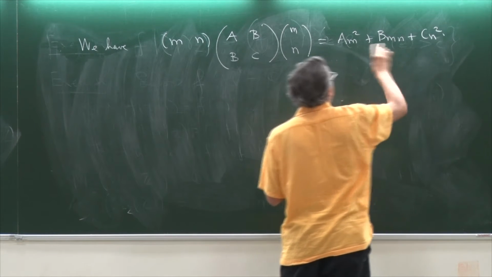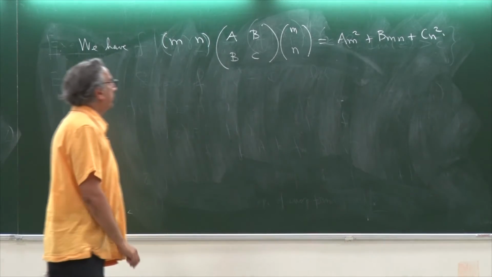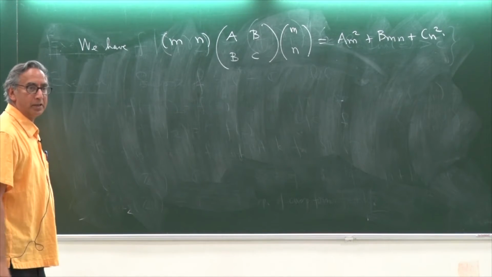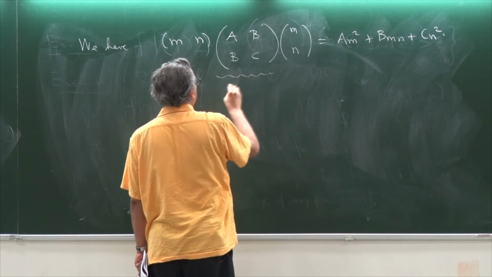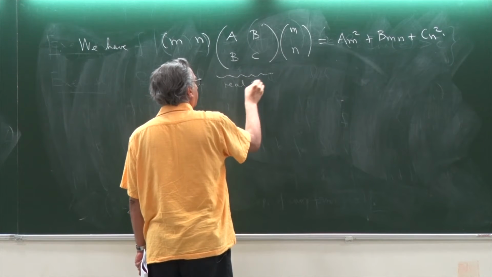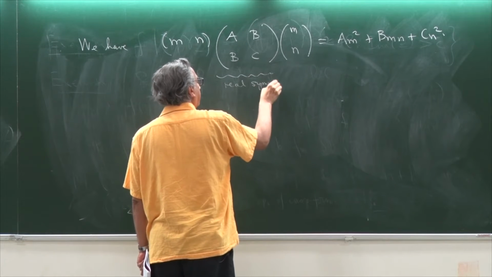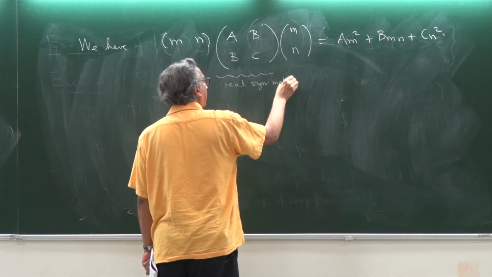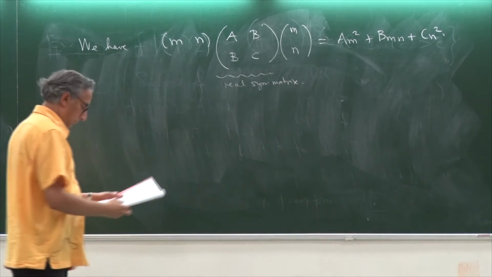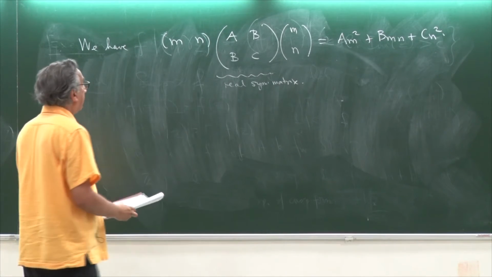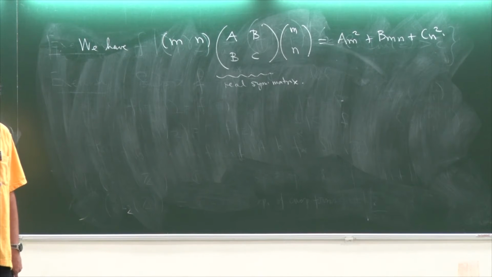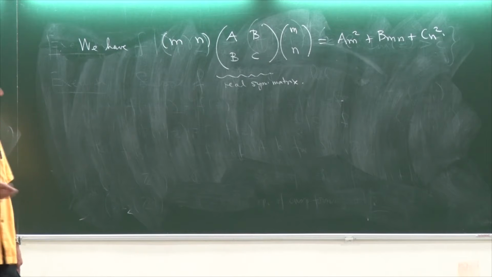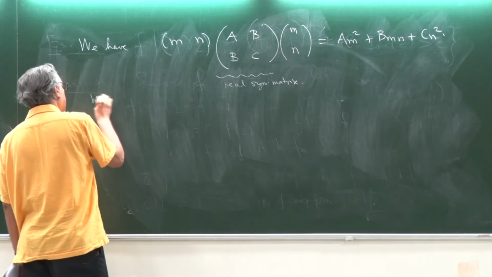So you can write this number in matrix notation, and we observe that the matrix here is a real symmetric matrix. From your basic linear algebra, you know that you can always diagonalize a real symmetric matrix by an orthogonal transformation.